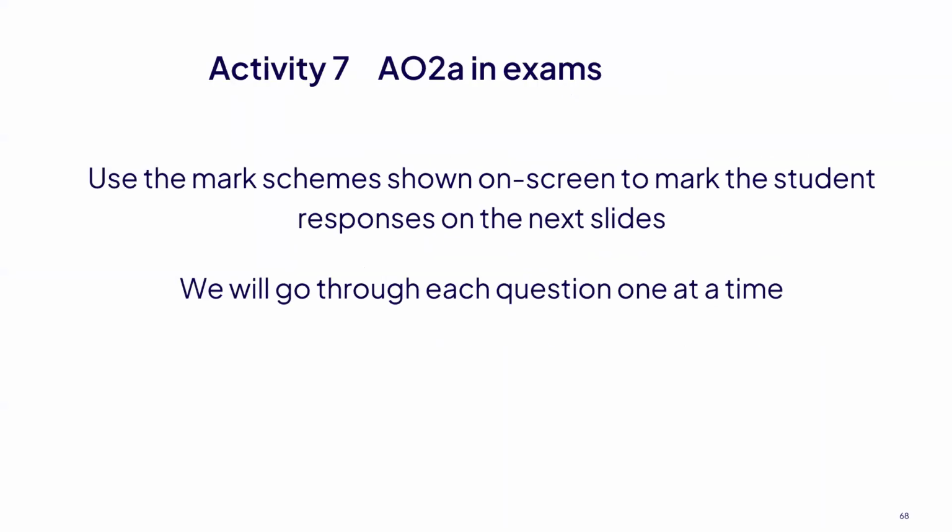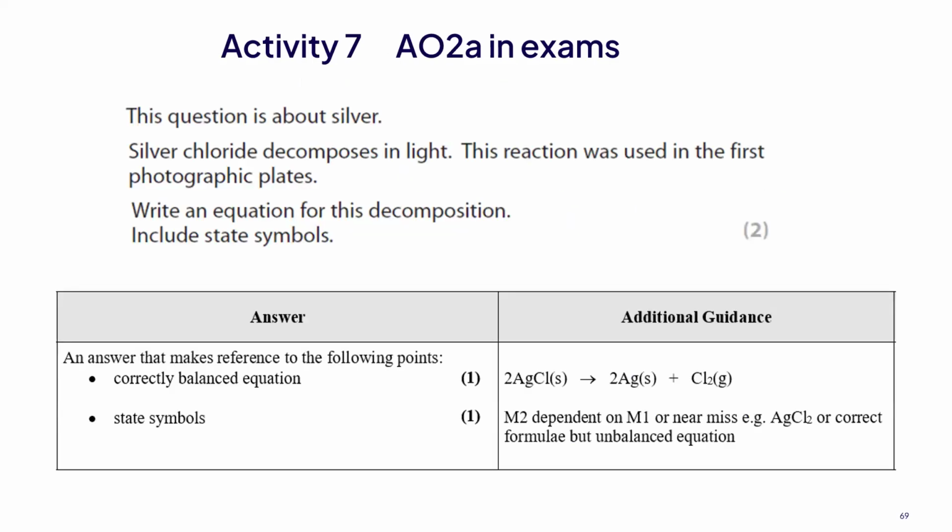So what we're going to do for activity 7 is to use the mark scheme shown on screen to mark student responses on the next slides. And we'll go through each question one at a time. So once again, there's no need to put your answers into the chat box. Just simply make a note, because again, you may well want to use these with your students.